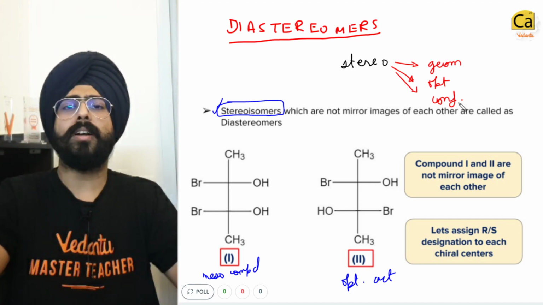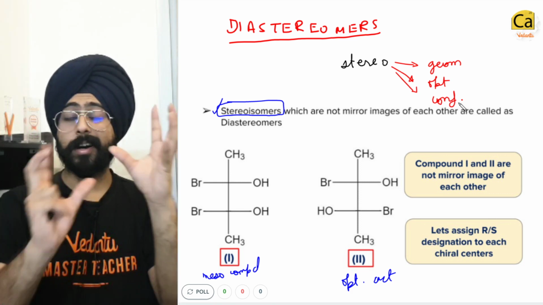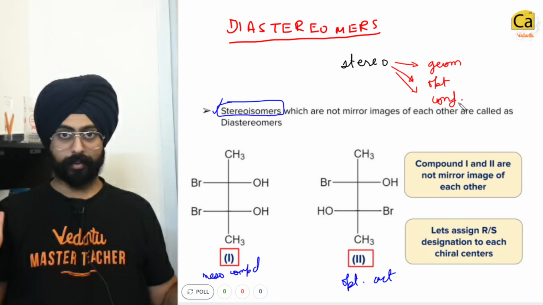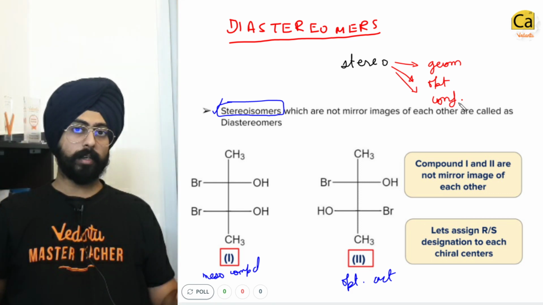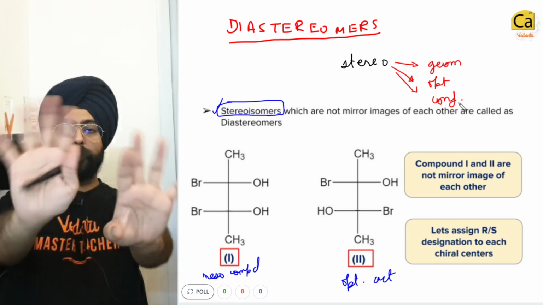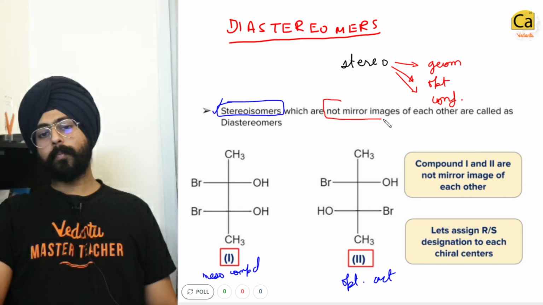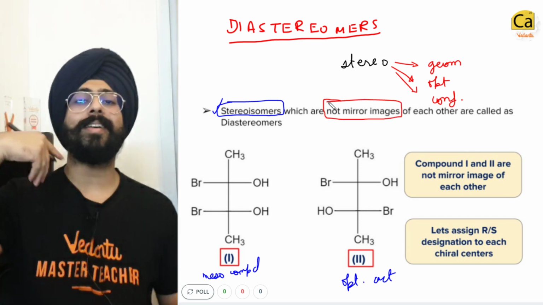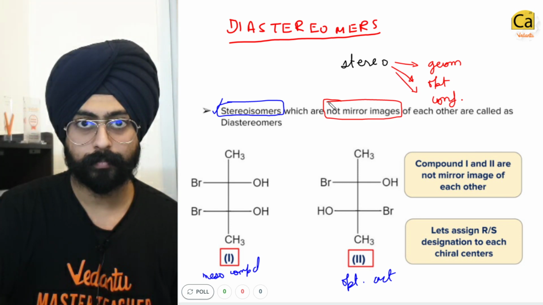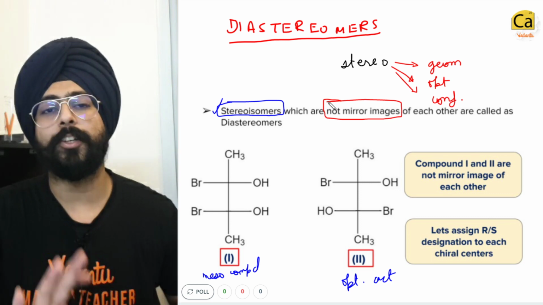Over there, positions are different. In stereoisomers, the arrangement of atoms in space is different. And that's what's happening over here. Meso compound, optically inactive, and optically active compound, both of them are isomers of each other, but they are not mirror images of each other. Hence, these two are diastereomers of each other.